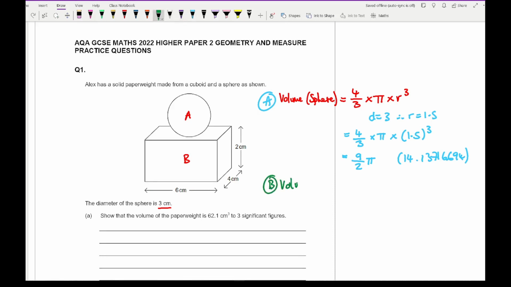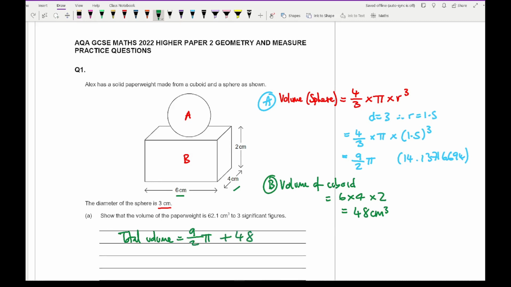We then need to work out the volume of the cuboid. So the volume of the cuboid is just going to be multiplying all the 3 dimensions together. So here it's going to be 6 times 4 times 2, which gives me an answer of 48 centimeters cubed. Then all I need to do is add the volume of the sphere, so the total volume of the paperweight is going to be 9 over 2 pi plus 48.